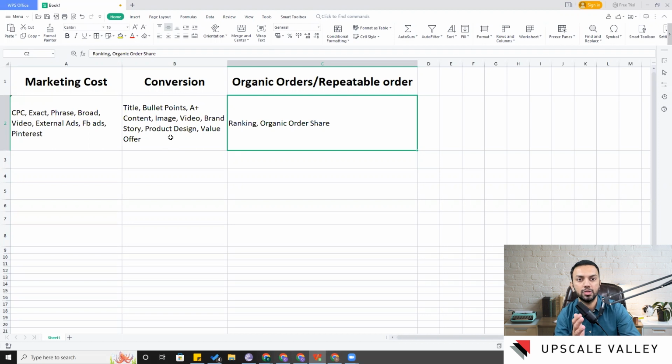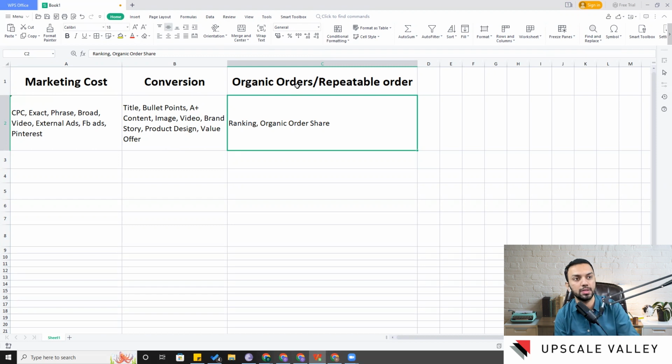I mean, if your TACOS was 70%, it's going to reduce to 35% because 50% of the order contribution is now from organic orders. So even though you are spending aggressively, even though your CPC is high, even though you are not optimizing your PPC, you are just trying to rank on the keyword, this third component, the organic orders and repeat order chunk, is going to cut down your TACOS to half, maybe to 35%.